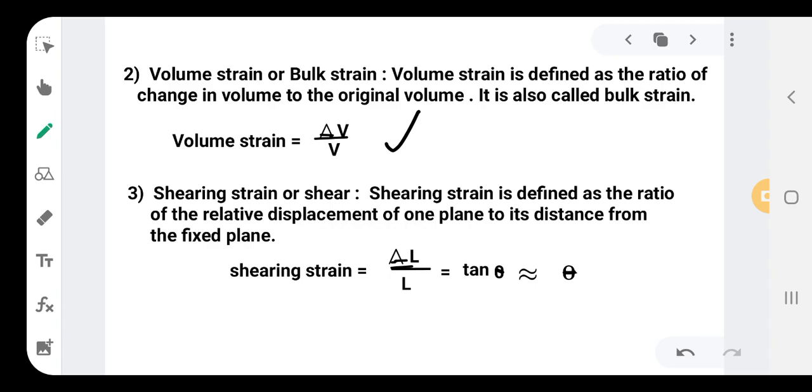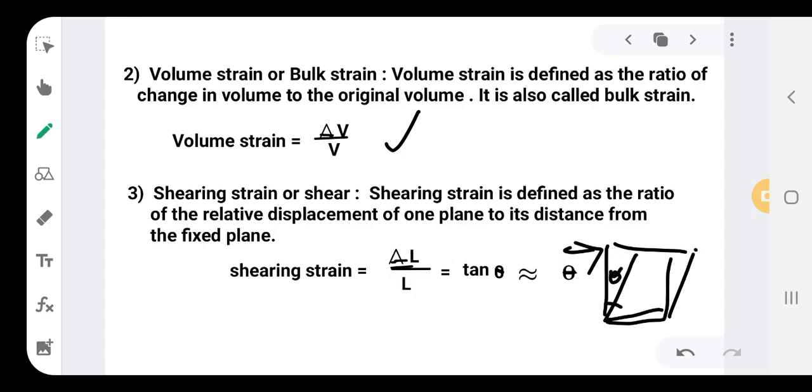Now let us see what is shearing strain or shear. Shearing strain is defined as the ratio of the relative displacement of one plane to its distance from the fixed plane. As we have seen for shearing stress, you have to refer to the same picture, where the upper portion has the force applied and there is a change in the dimension by theta.